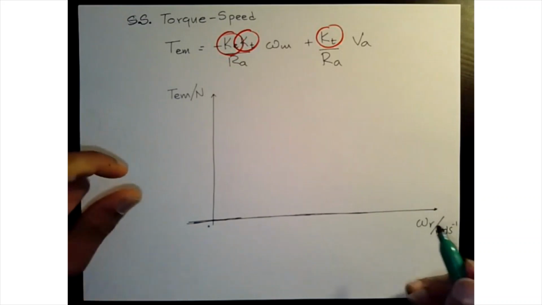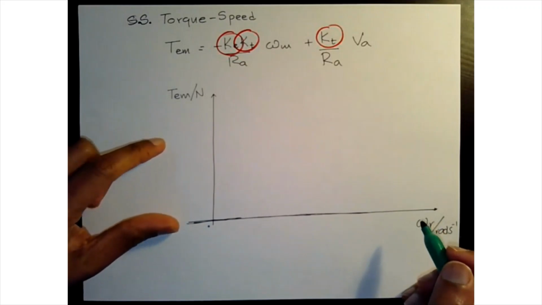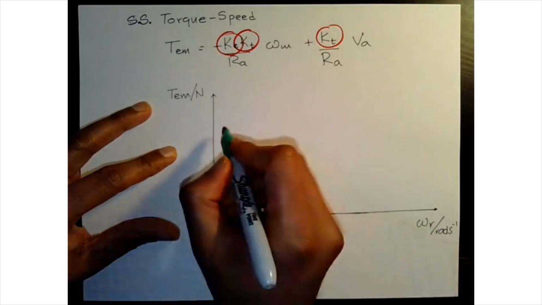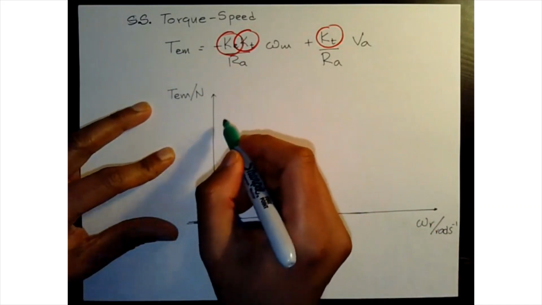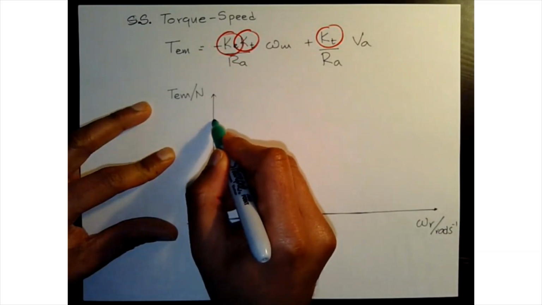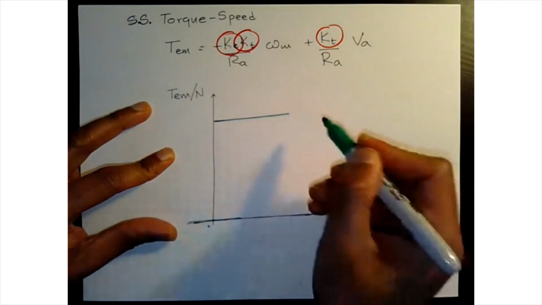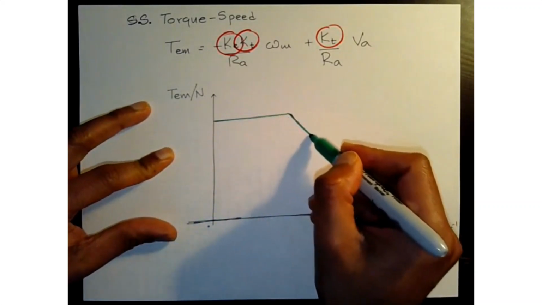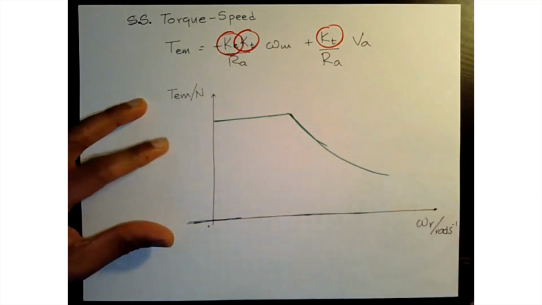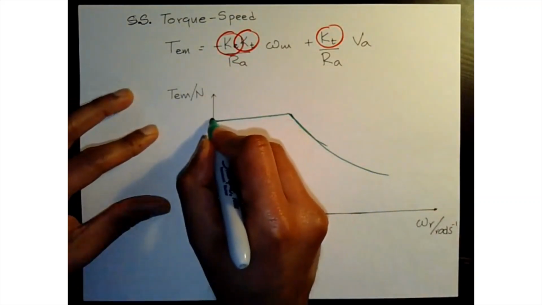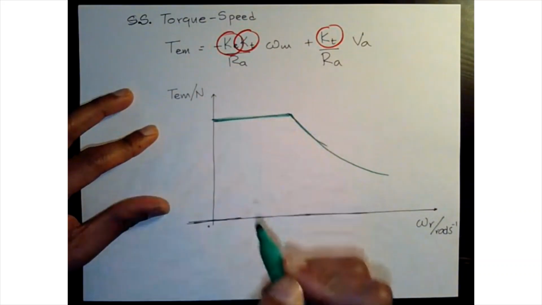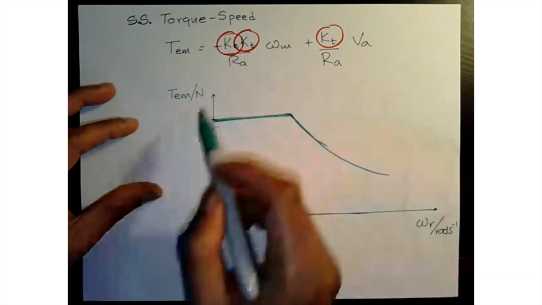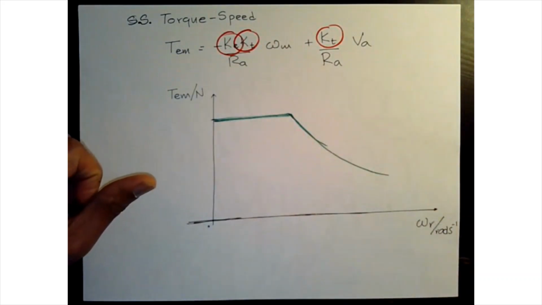Do you guys remember what that looked like? Anyone recall? It kind of looked like that. We briefly discussed these different operating points and characteristics. Is this something familiar?